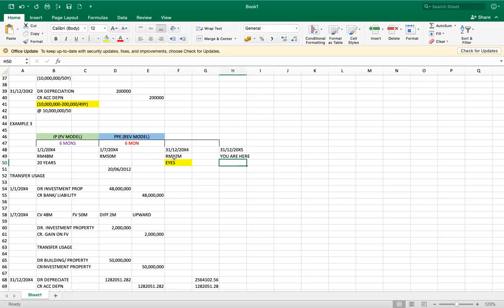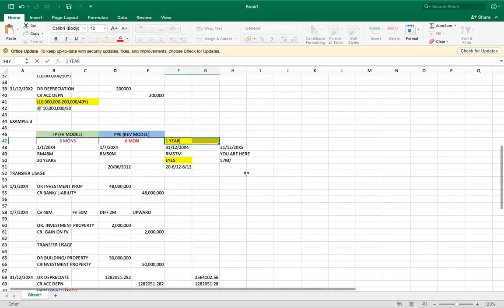When you put your eyes here, you can see that there is 57 million. However, you do not see any remaining life. So what you have to do is take it from here, 20 years minus 6 over 12, minus 6 over 12. The gap here is 1 year, so no problem.